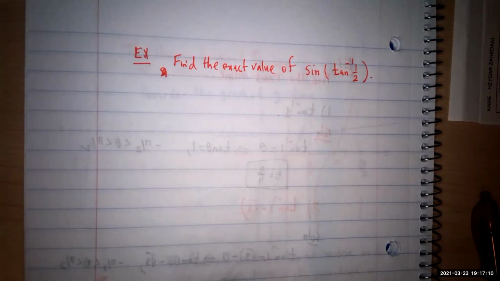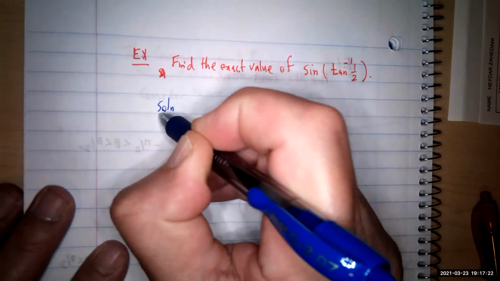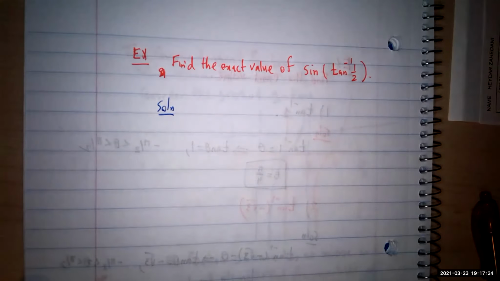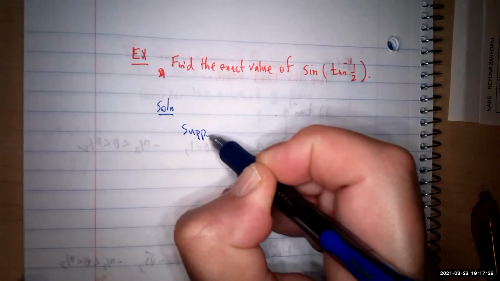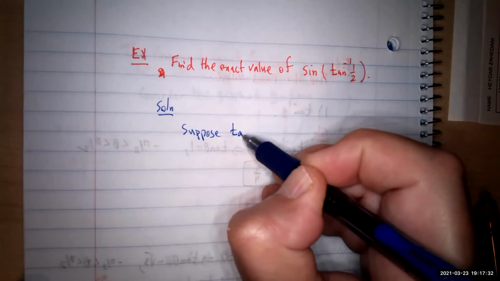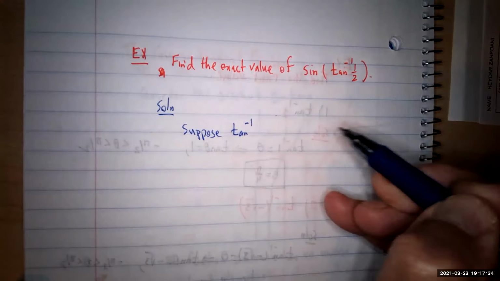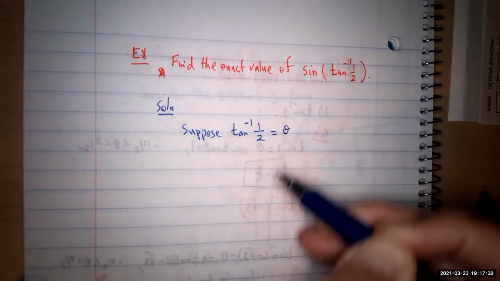Again, as usual, we have to take care of this part first. You call it theta. Then it's like finding sine of theta. So this is how we're going to start the solution. Suppose the tan inverse of 1/2, you call it theta.